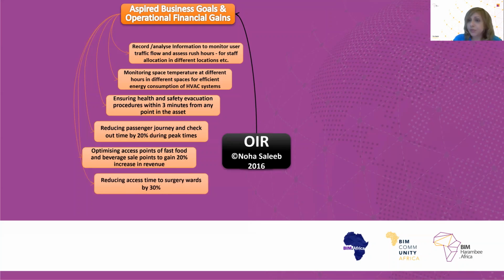Reducing access time to surgery wards by 30% in hospitals. Let's say the NHS, which is the National Health Service here in the UK, decides that it wants to reduce the access time from the outpatient wards to the surgical patients wards by 30%, or maybe decrease the mortality rates by, I don't know, 20% by improving the hygiene of the functions of the spaces where the outpatients are, for example, so that they do not catch viruses, especially during these times, for example.